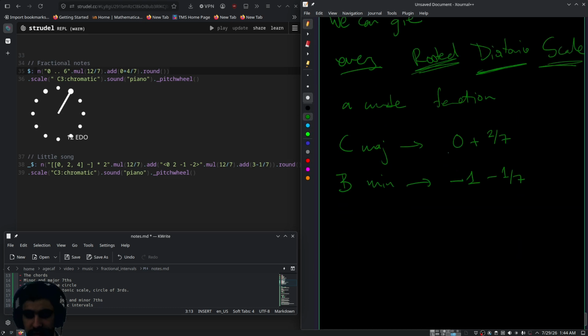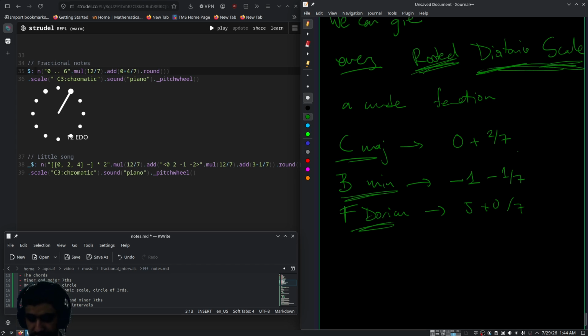On the other hand, maybe we want, I don't know, F Dorian. And so F Dorian, what is F? F should be 5. What is Dorian? +0/7. And so every different diatonic scale which is rooted, I can give it a number.